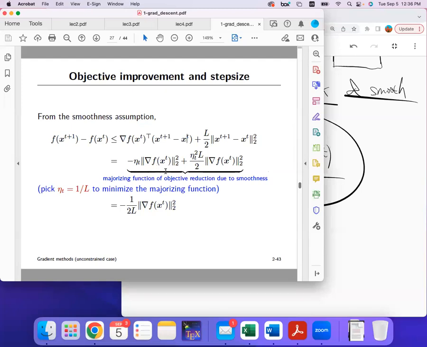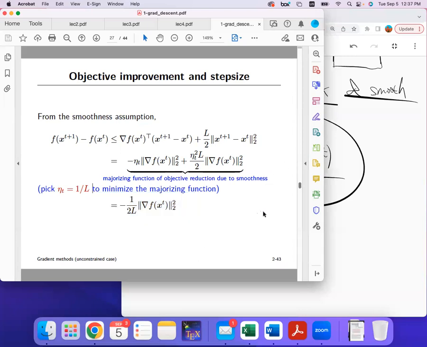In the end, they can cancel out and become a negative term. So you plug in this choice of step size, and these two terms can be combined into the following term: negative 1 over 2L multiplied by the gradient norm to the power of 2.